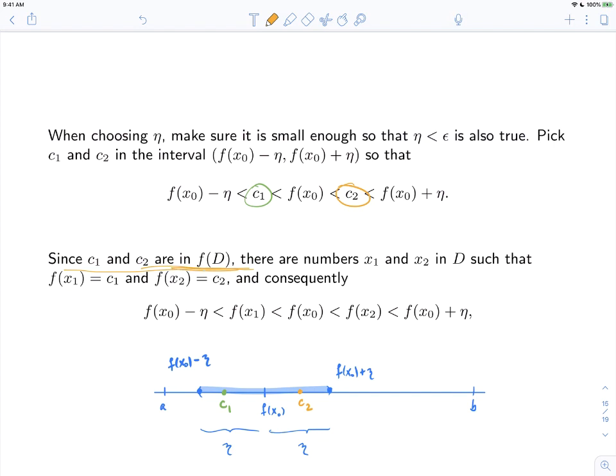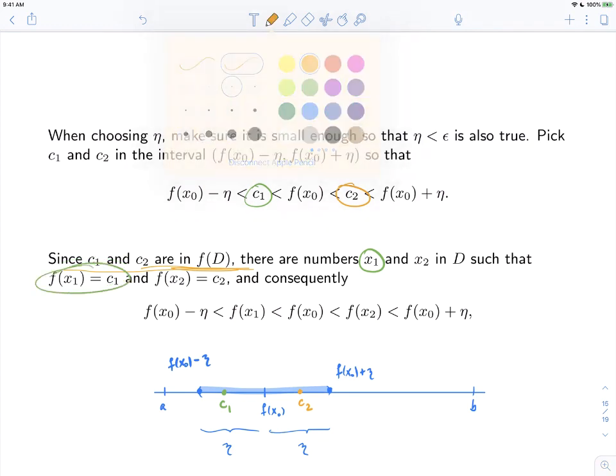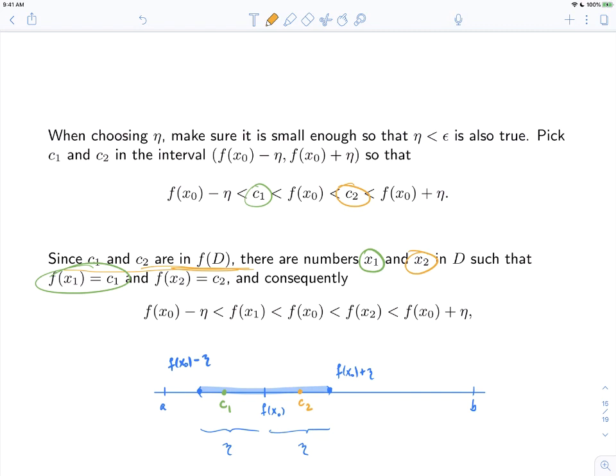So that means we can find numbers x1 and x2. So we can find a number x1 so that f at x1 is C1. And we can find a number x2 in D so that f of x2 is C2. So this right here, that's C2.